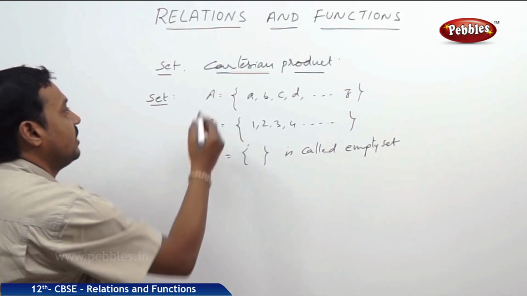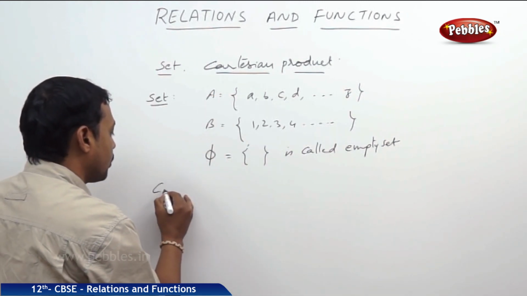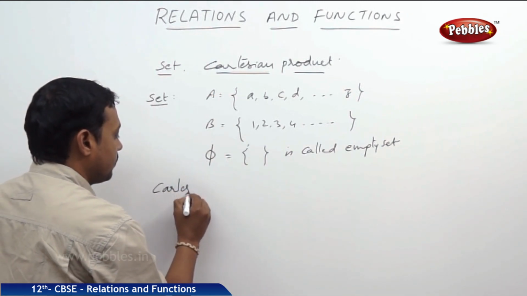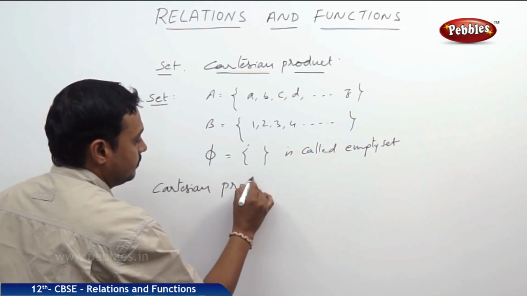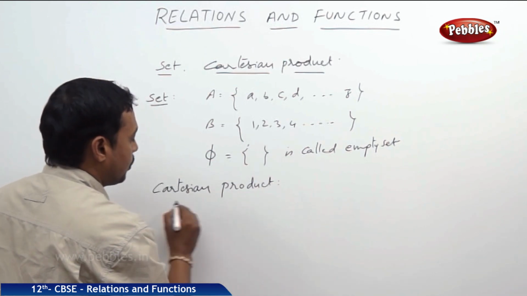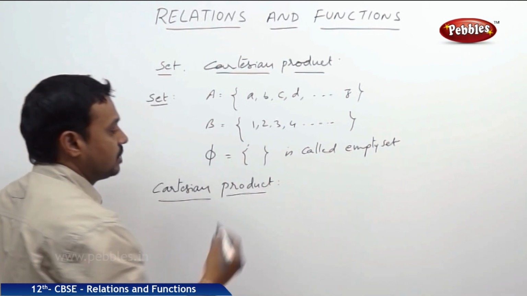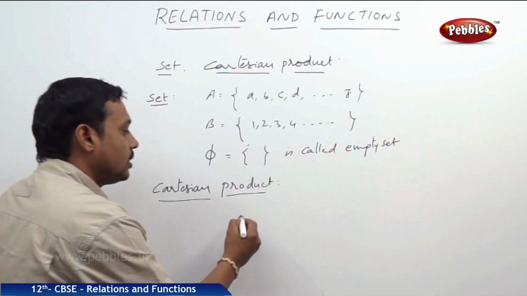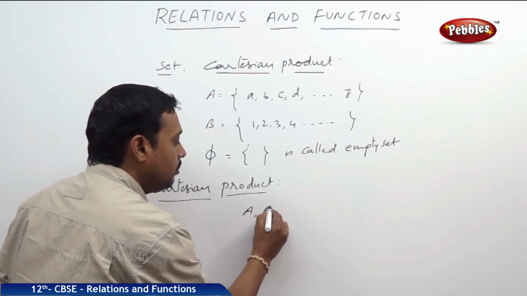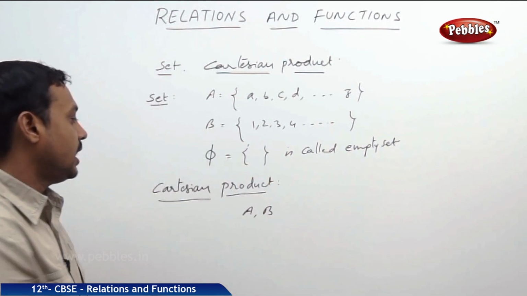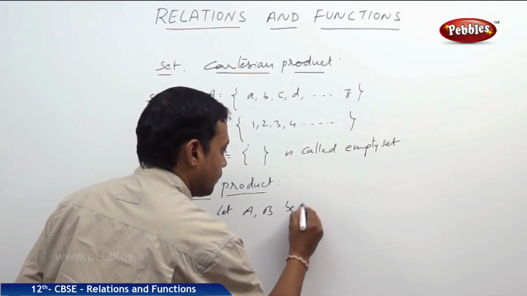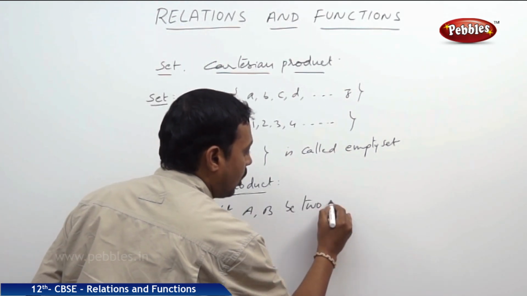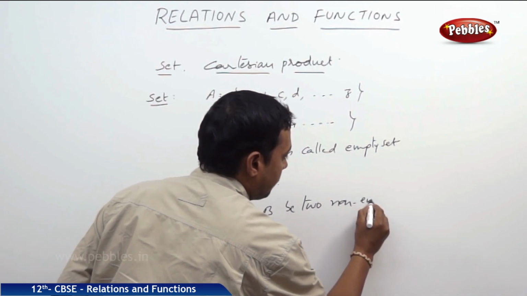The second definition is Cartesian product. What is this Cartesian product? Let us take two non-empty sets. Let A, B be two non-empty sets.